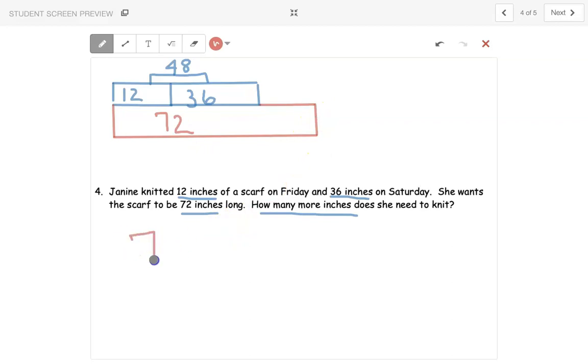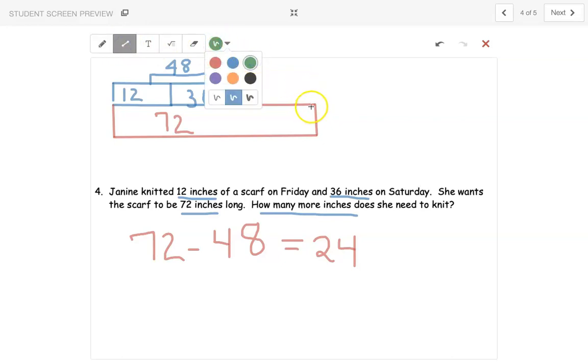So let's do 72 minus 48 equals 24. So our missing piece, let's put it up there. Our missing piece is here. That's how many more inches.